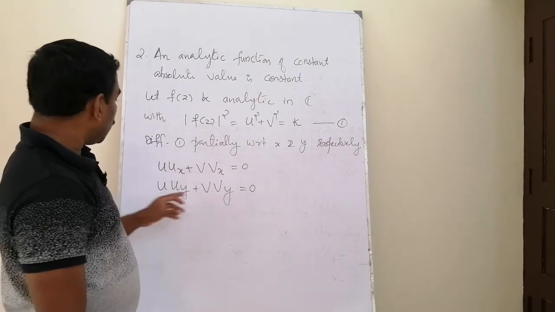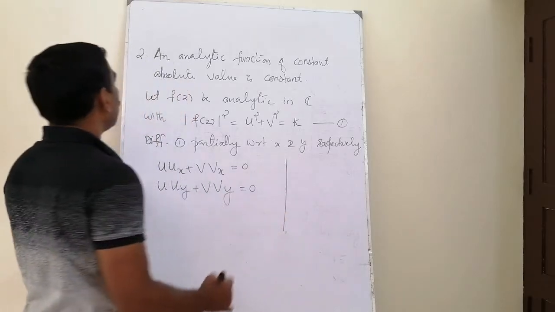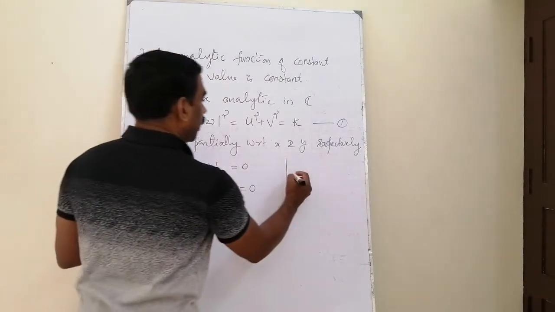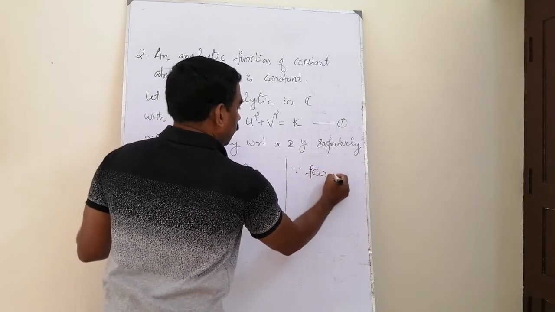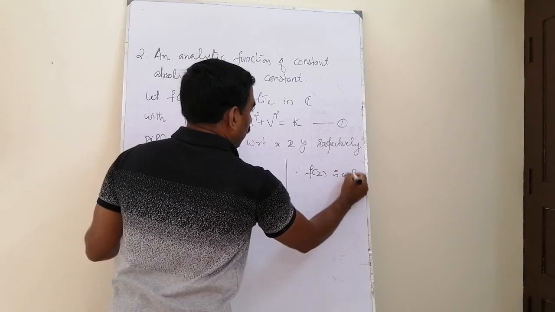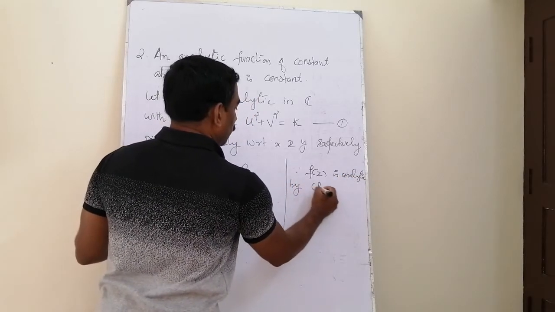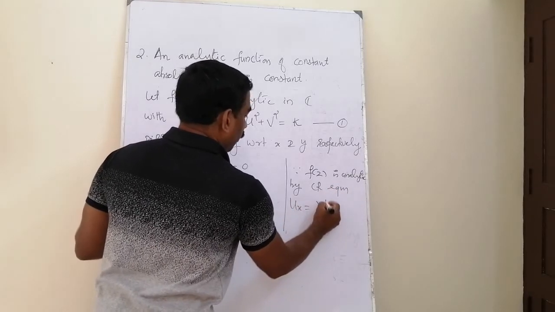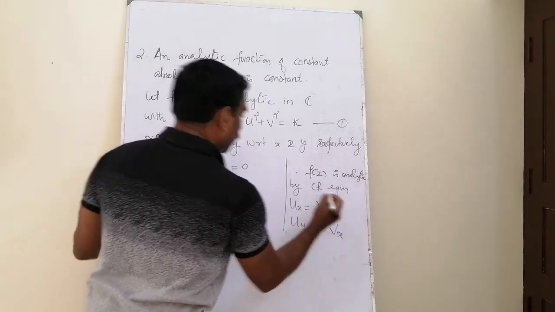Next, we convert all these partial derivatives in terms of u only with the help of the Cauchy-Riemann equations, because we are on the assumption that f(z) is an analytic function. Since f(z) is analytic, we have the Cauchy-Riemann equations, by CR equations, ux is equal to vy and uy is equal to minus vx.